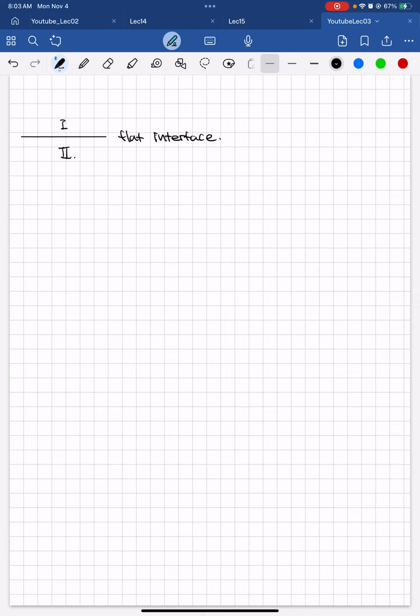Now, flat interface meaning the radius of curvature is infinite. Now, what is this radius of curvature?